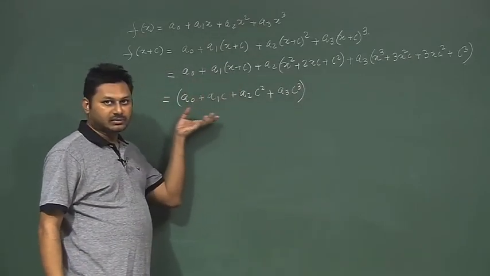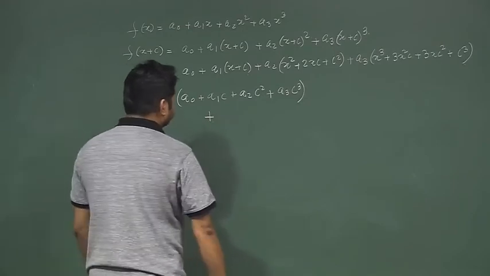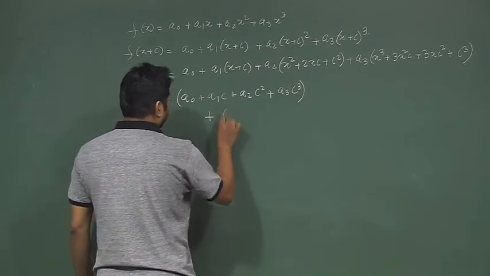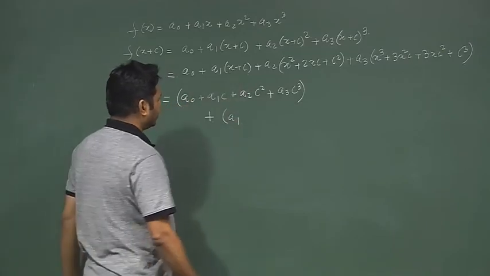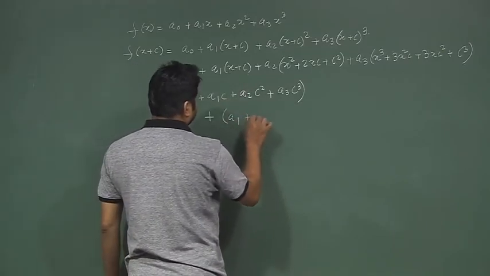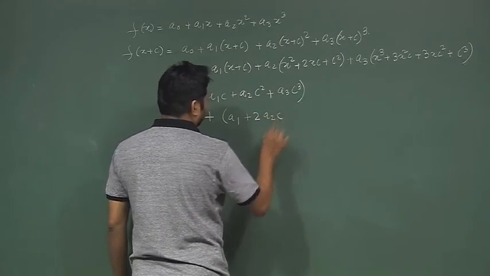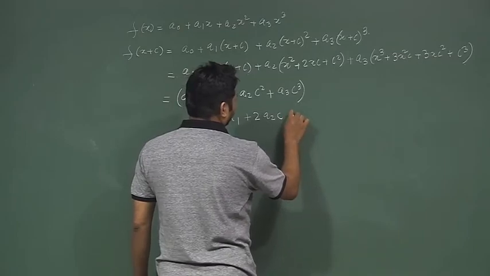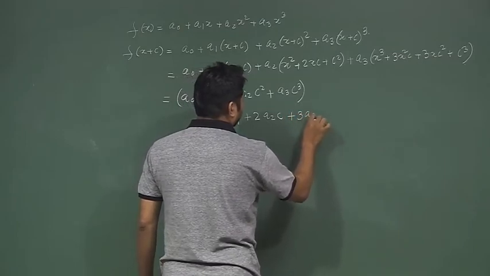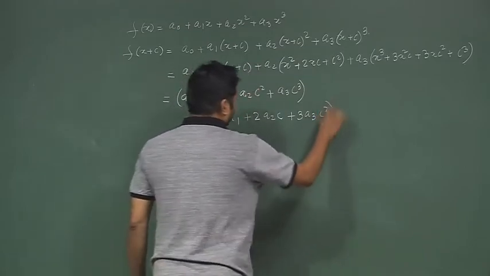The second term is all the coefficients with respect to x: a1 plus 2 a2 c plus 3 a3 c square, times x.